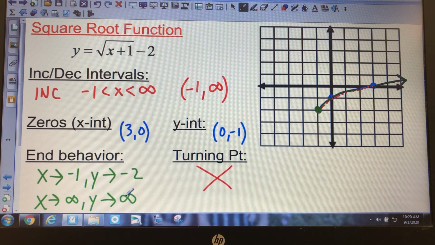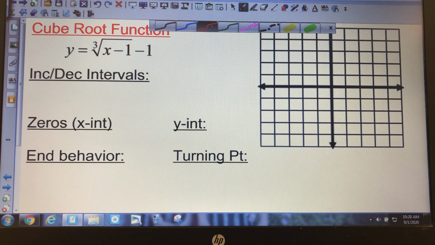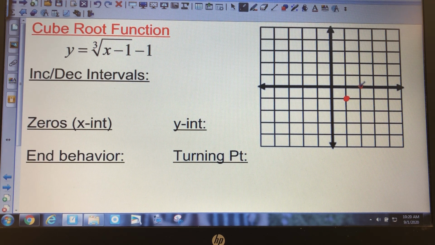All right, next up, cube root. So this graph goes right 1, down 1. Okay, get your 2 key points. Now remember, this is cube root, so it goes more left to right. So from that key point, if I go right 8, I would go up 2. From that key point, left 8, down 2.